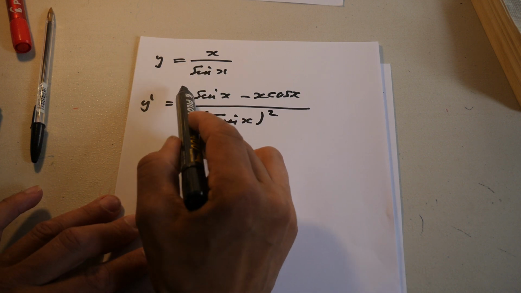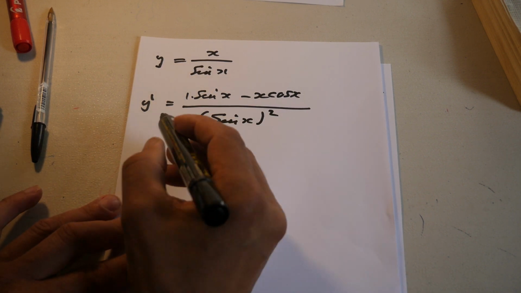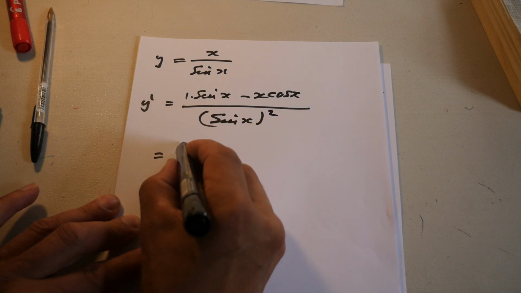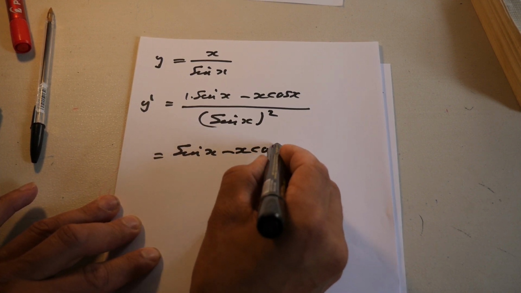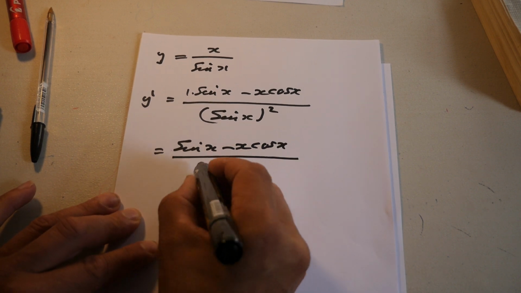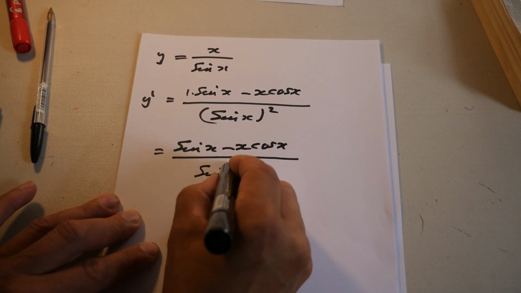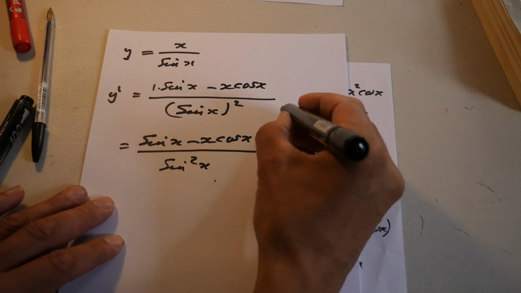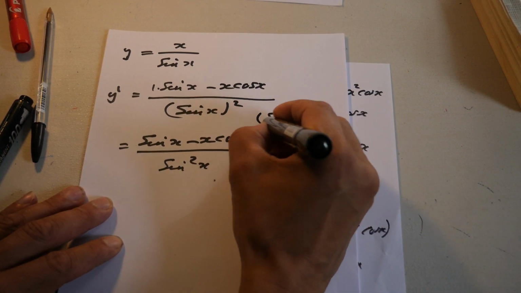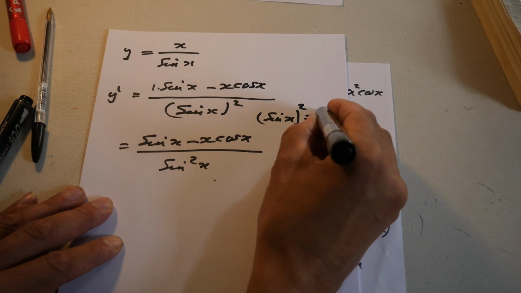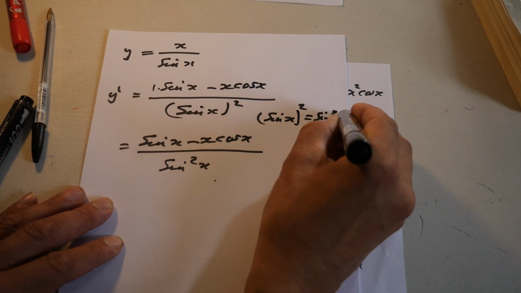So it equals sine x minus x cos x over sine squared x, okay? Because sine x squared equals sine squared x.